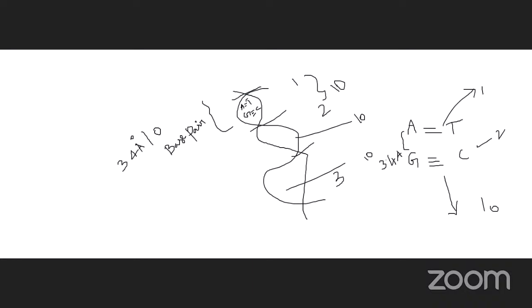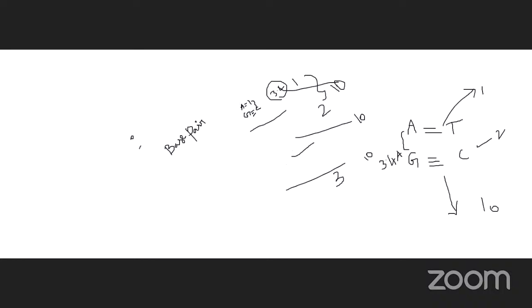In between, the gap is 3.4 Angstrom only. So you multiply 3.4 into 10, you will get 34 Angstrom. So this is very, very important. Don't forget, my dear.